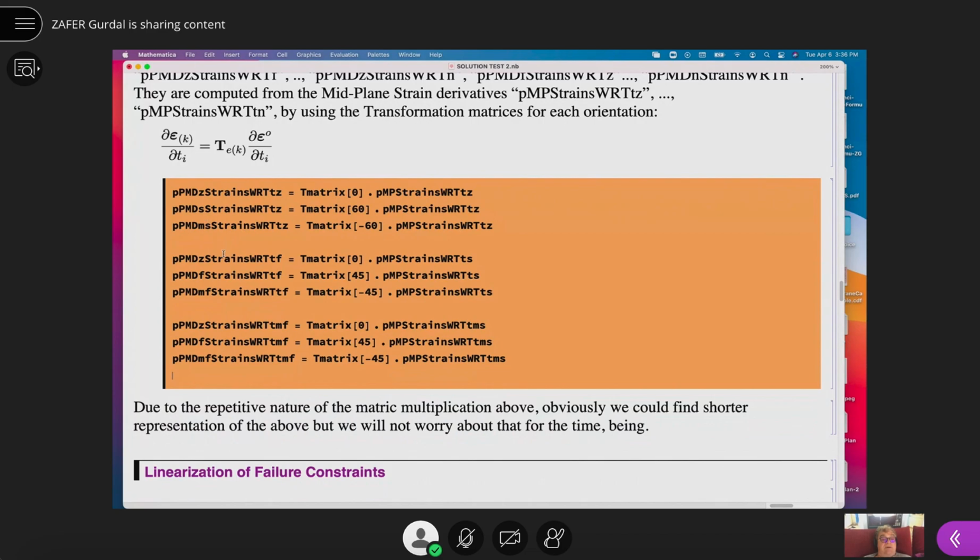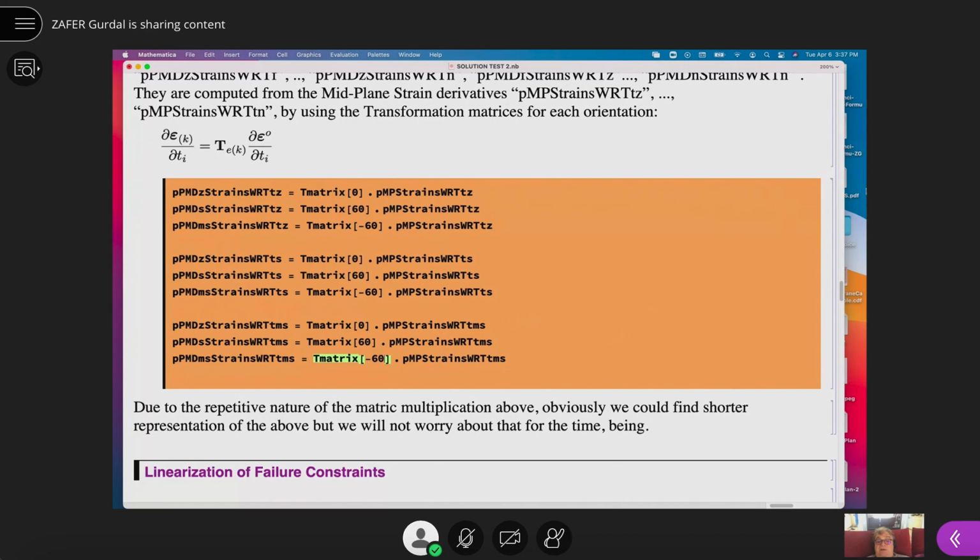Z, 60, minus 60, for each, with respect to 60, 60, 60, with respect to minus 60, minus 60, minus 60, and they are multiplied by, with respect to 60, 60.